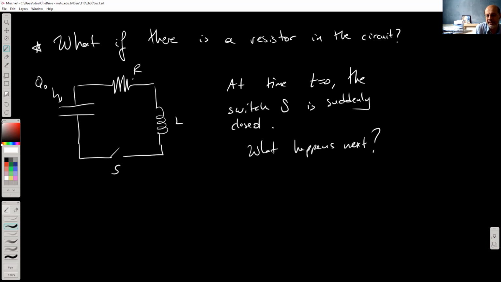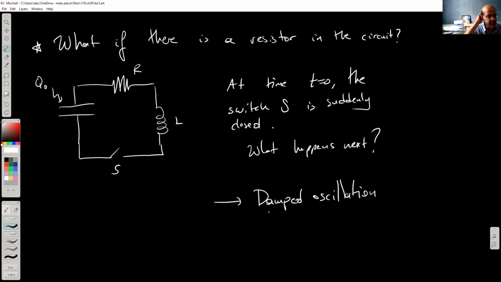What's important in here is that this resistor now converts energy into heat. And so as a result, we are going to have what we call damped oscillation. All right? It's just an oscillator, like the mechanical oscillator, with friction, with air friction, let's say.